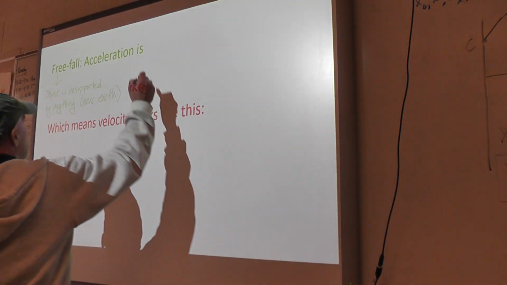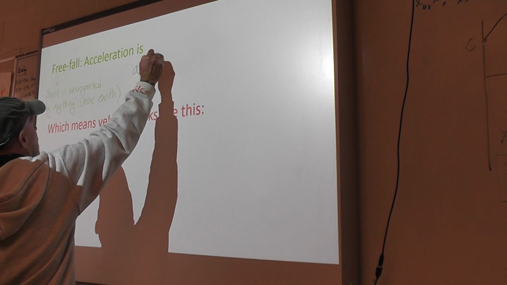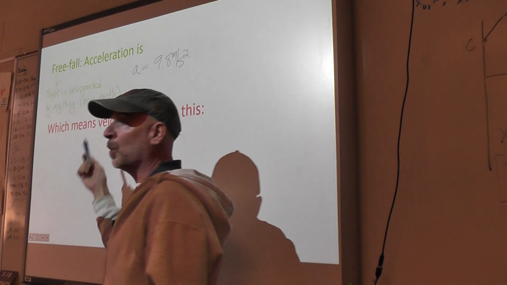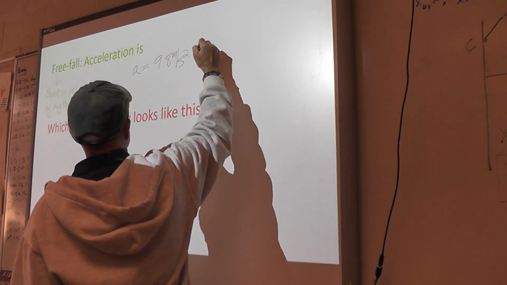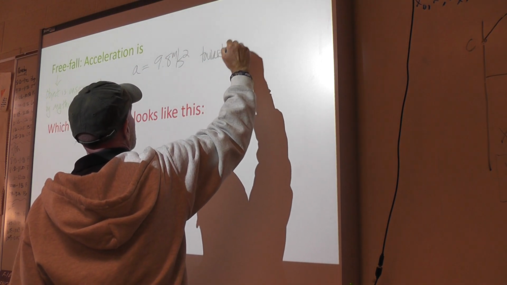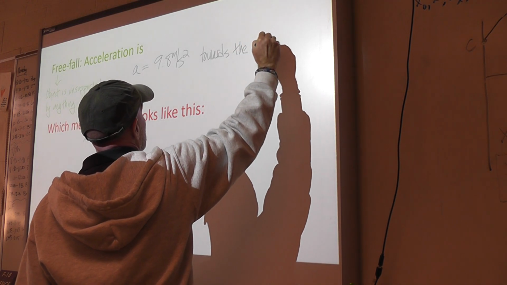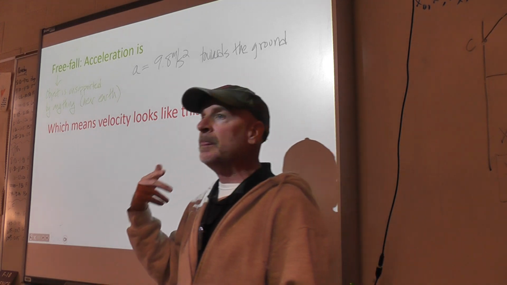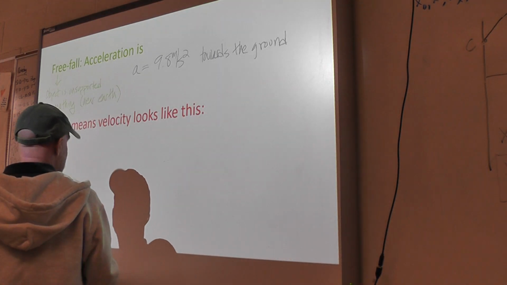And in free fall acceleration, an object will speed up towards the ground at 9.8 meters per second per second. So usually, not always, down is negative.